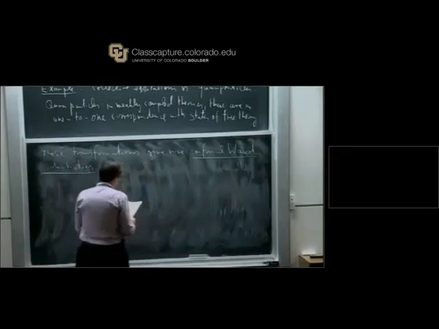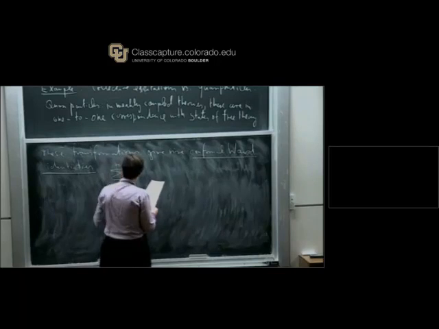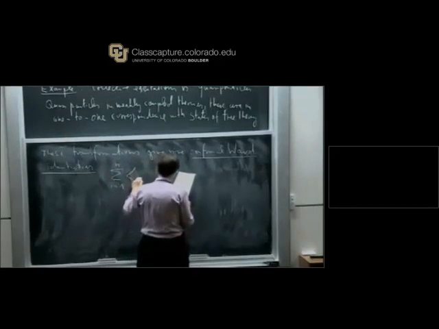In particular, if you have a correlation function with n entries, you have to transform. You just apply the chain rule and you do the transformation for all of these fields.